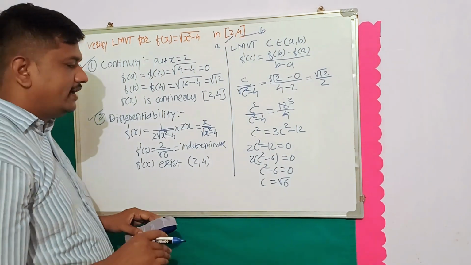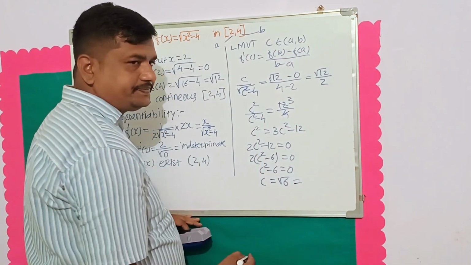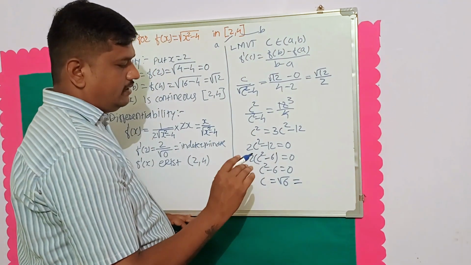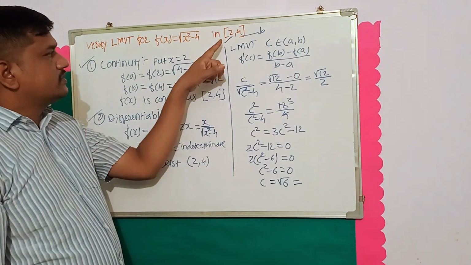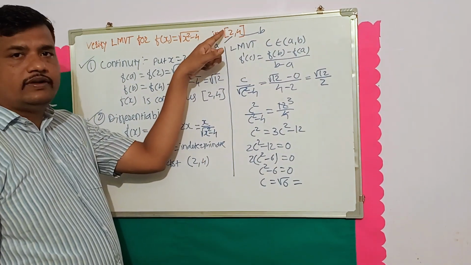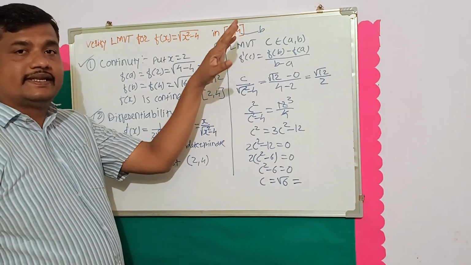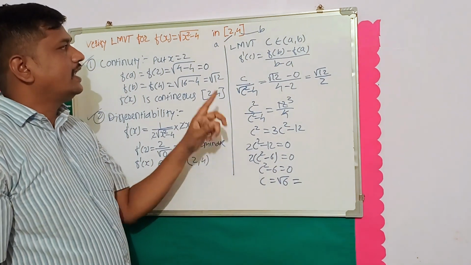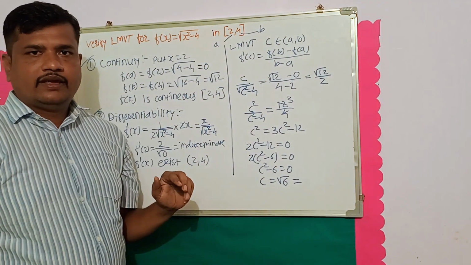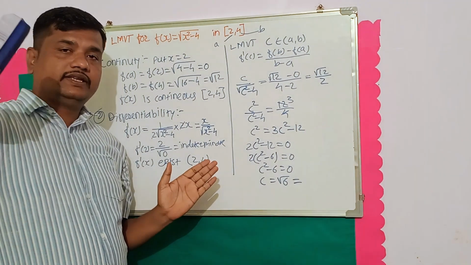So if we try to find out the value of this root of 6, what will it be? You can just compare the squares of 2 and 4. The square of 2 is 4, and the square of 4 is 16. So whatever the square root of 6 is, it must lie between 2 and 4, because the square of 2 is 4 and the square of 4 is 16.